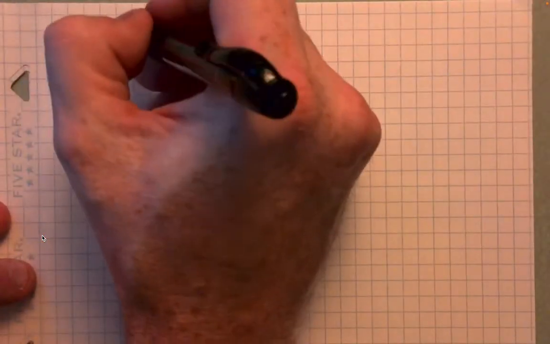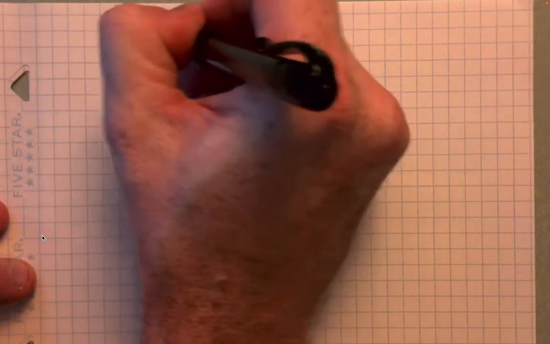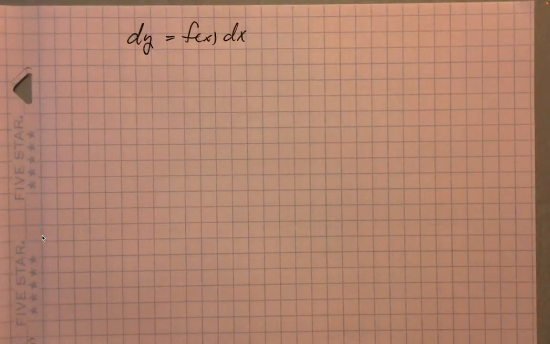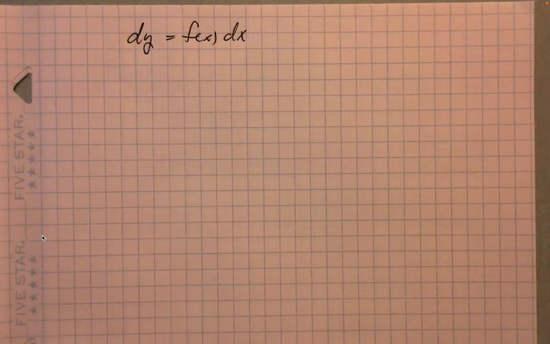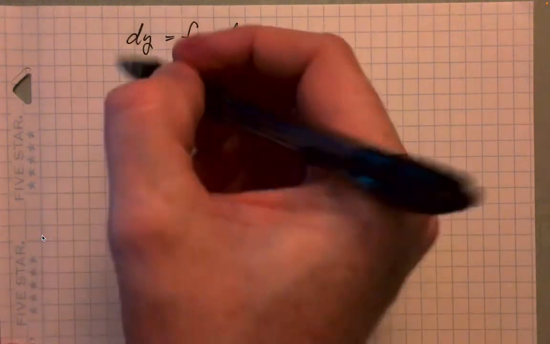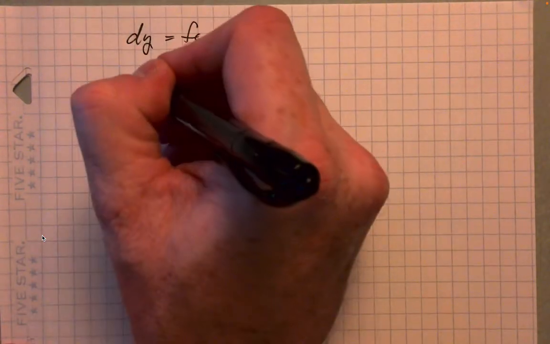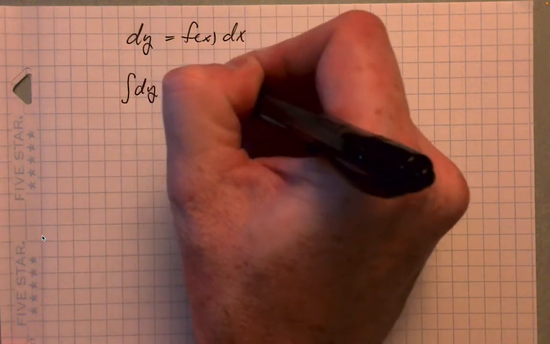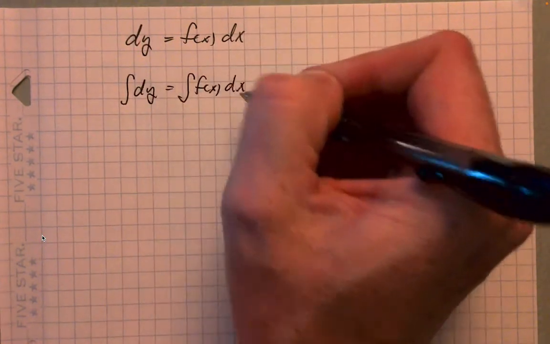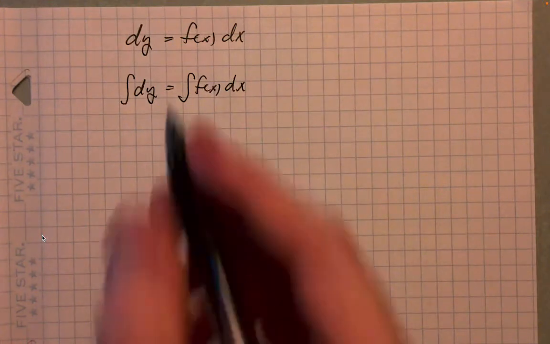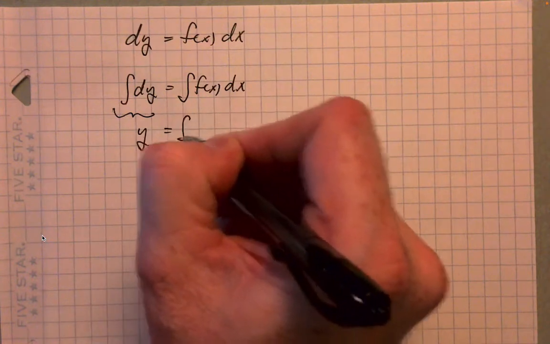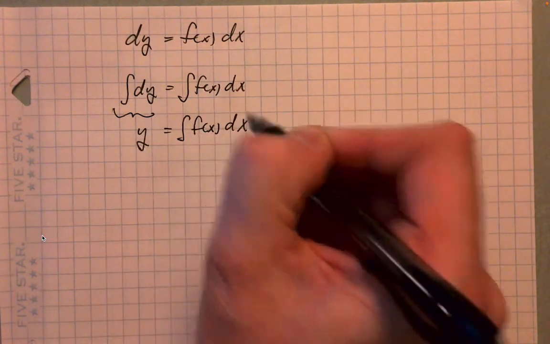And so if we have dy equals f of x dx, a lot of times what people will think of here is you integrate both sides, and we'll get into this symbol in a second. When you do, this side becomes just your y, and you have this.